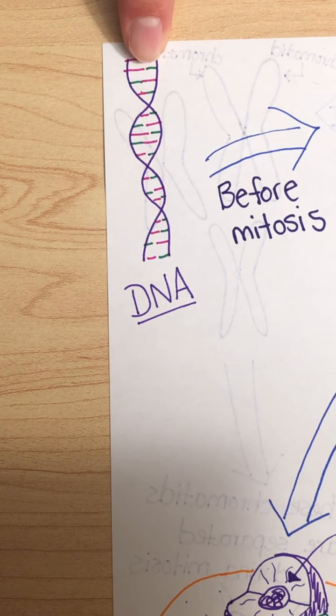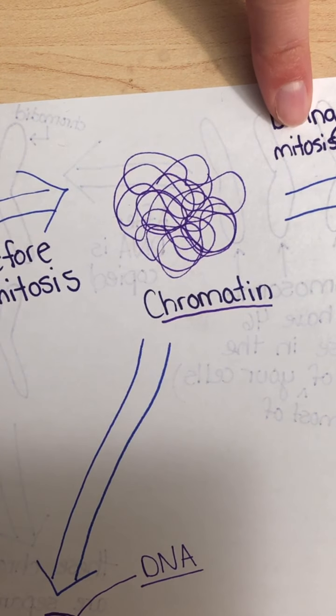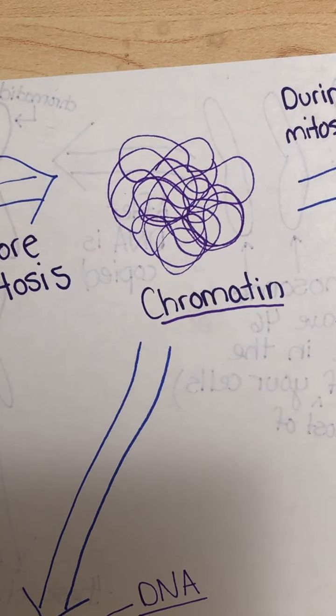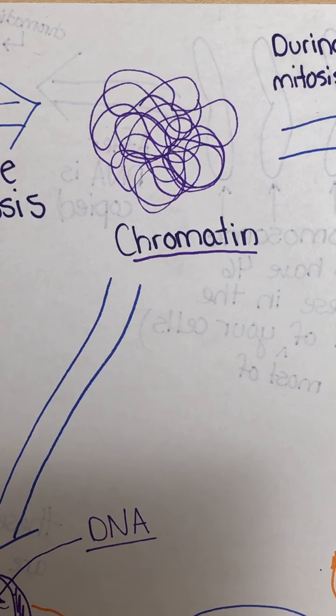And before your cells undergo mitosis, when they're kind of just relaxing and hanging out, your DNA looks like this, okay? And this is chromatin. So like I've told you guys before, chromatin, your DNA looks like a bowl of spaghetti, all right? It's just hanging out there and it's not really ready to undergo mitosis yet, okay?